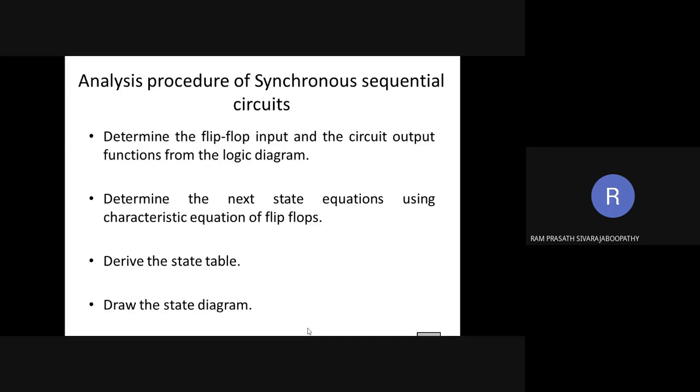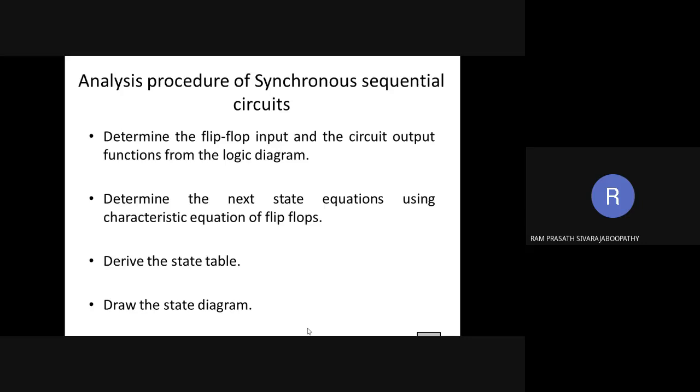The state diagram is a pictorial representation of the state table. So first we have to know what a state table and a state diagram are. Then only can we derive them from the previous steps. Fine. Now we go with the state table. Take a screenshot. I'll move to the next slide.